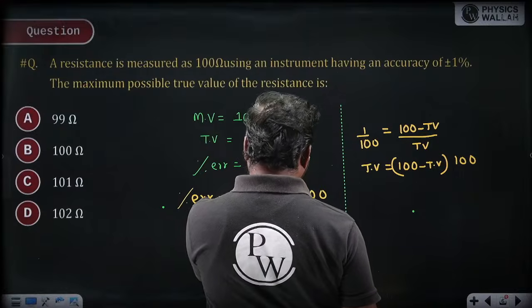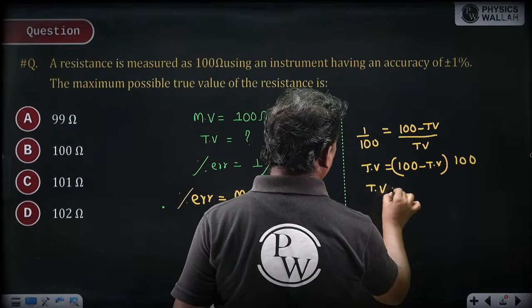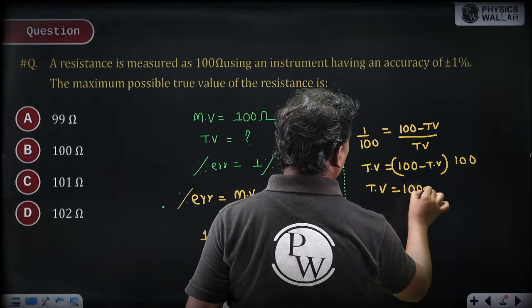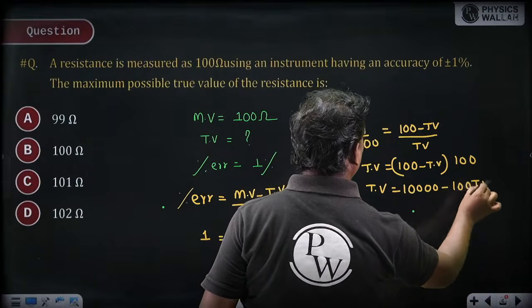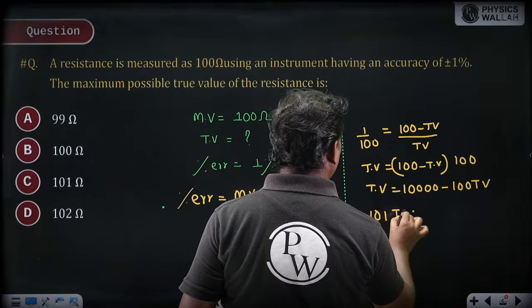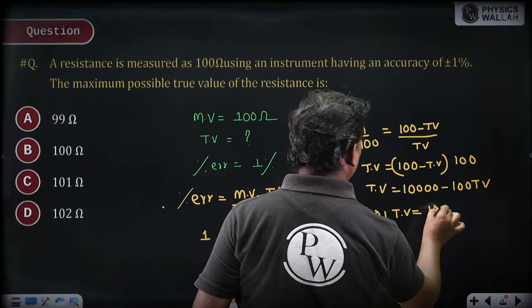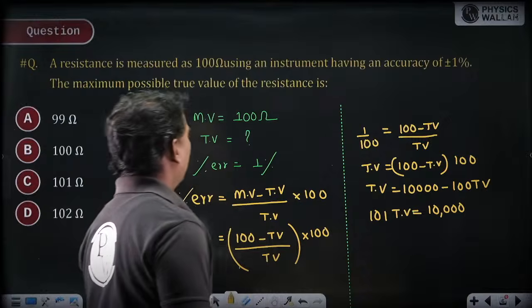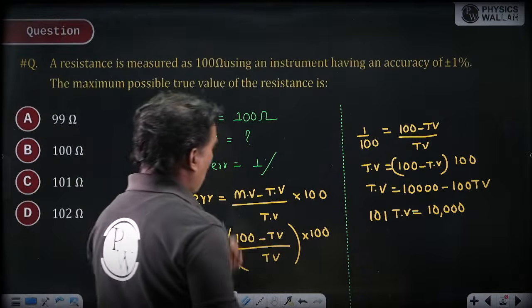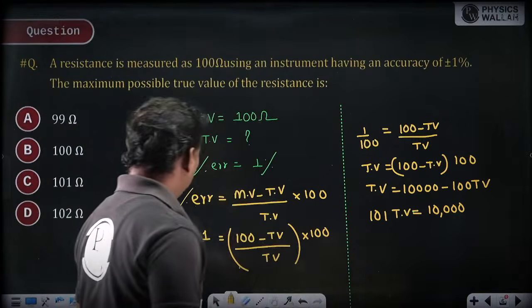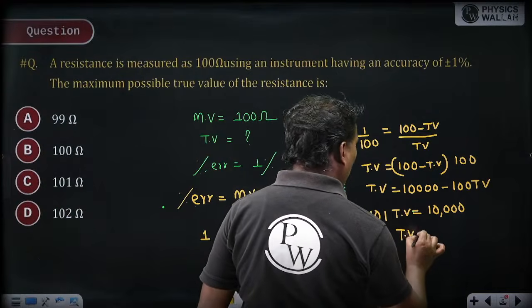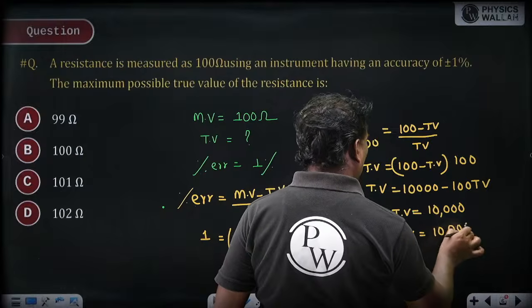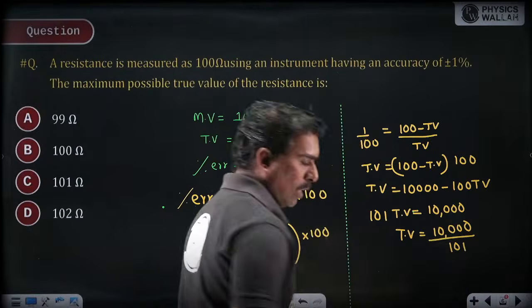Okay, so what is the answer going to become, this is the true value, so this is 100, 2 more zeros, minus 100 times true value. So 101 into true value is equal to 10,000. Okay, so true value कितना होगा? So true value is equal to 10,000 divided by 101. So answer कितना आने की chance है इधर?